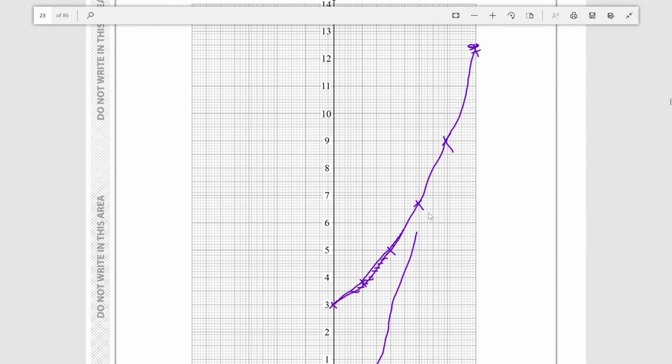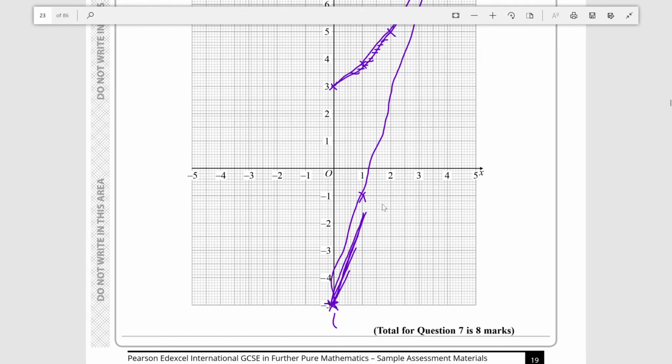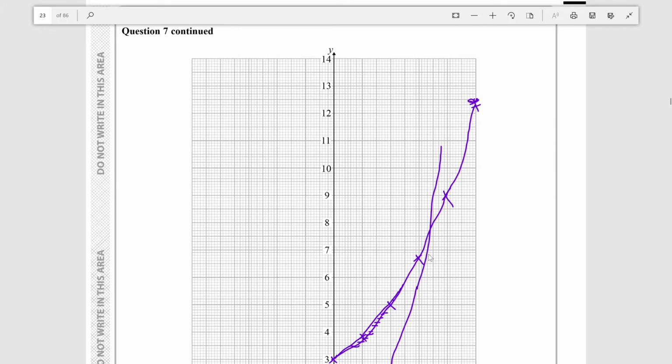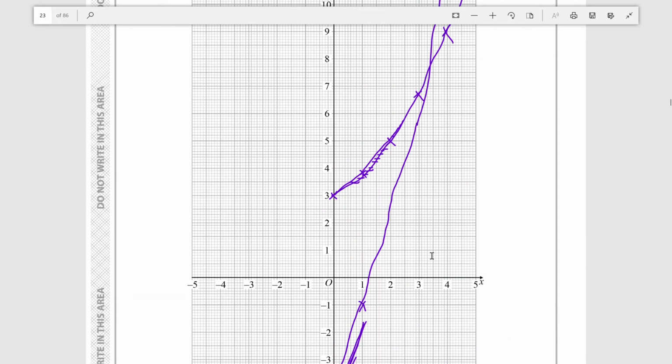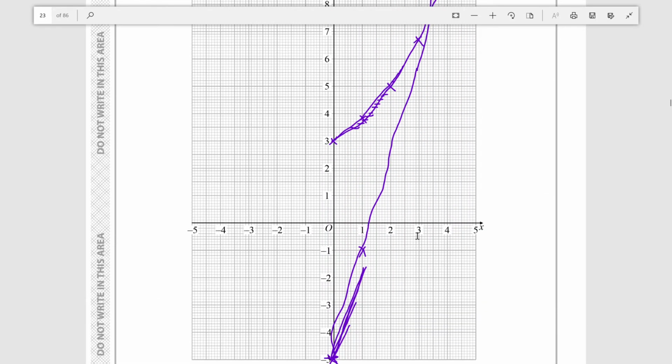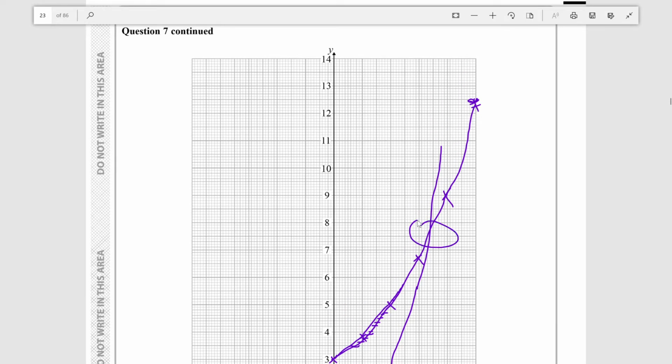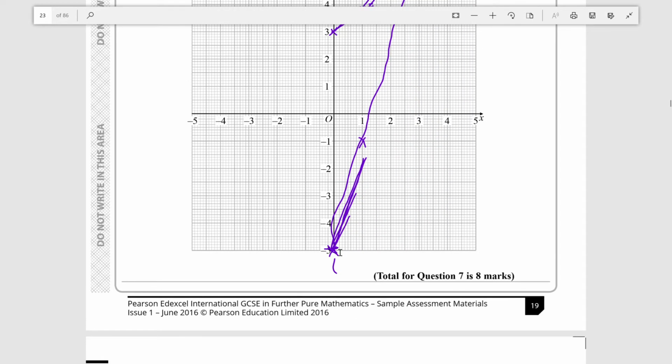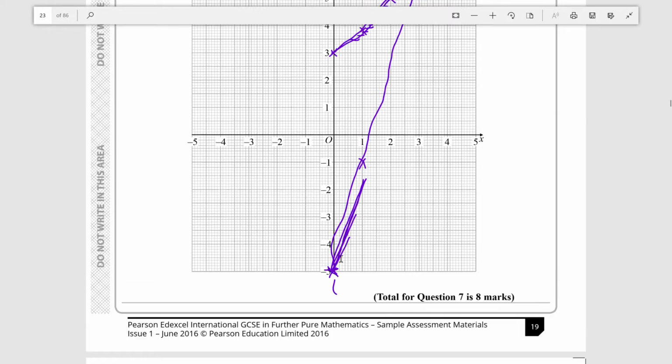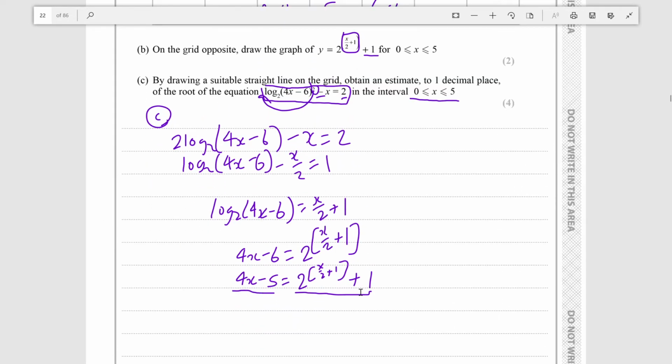Okay, so we know it kind of goes in this direction. And then I suppose you will have better equipment during the exam. Just use your ruler, it's the easiest thing you can do. I am aware that the hardware I'm using to record this video is quite limiting in the types of questions it can do, but the point of this exercise is for you to know that the solution to the equation will be the intersection of these two lines, as we have proved here, because by manipulating this equation we get this equation, and for this equation to be true, this equation must be true.